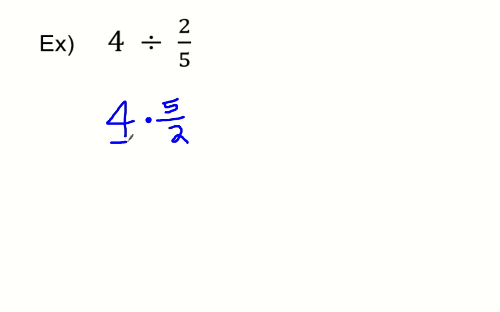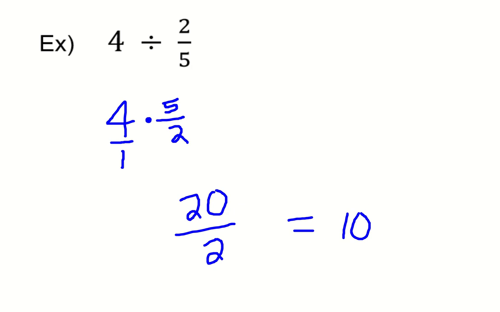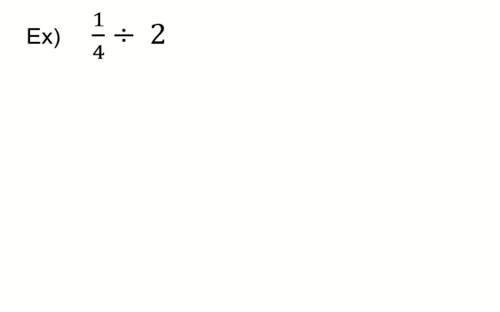And now, to do 4 times 5/2, you want to make this into a fraction as well, just by putting it over 1. And then 4 times 5 is 20. And then 1 times 2 is 2. And then once again, not only does this reduce, it divides cleanly. 20 divided by 2 is 10.